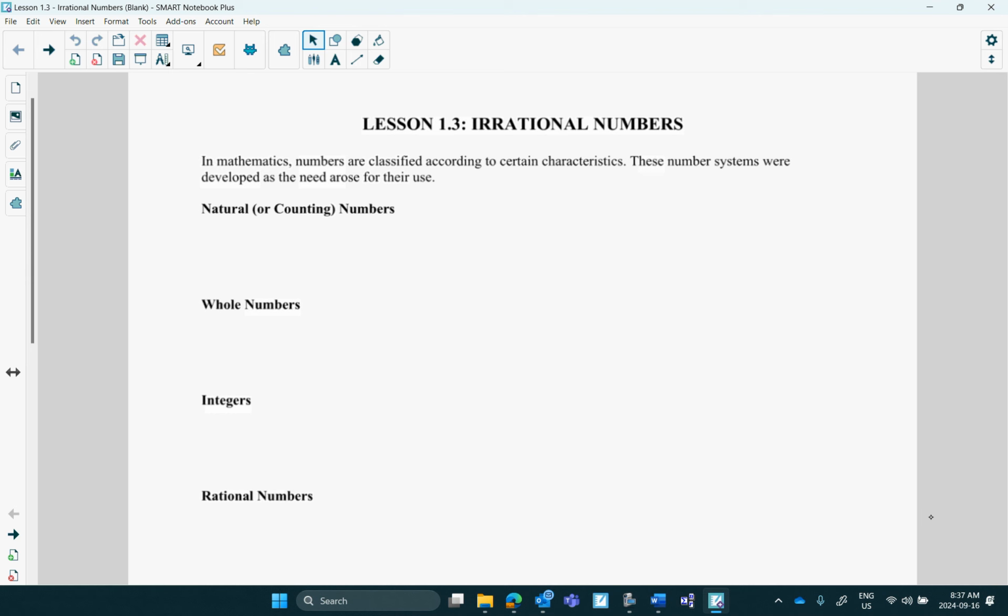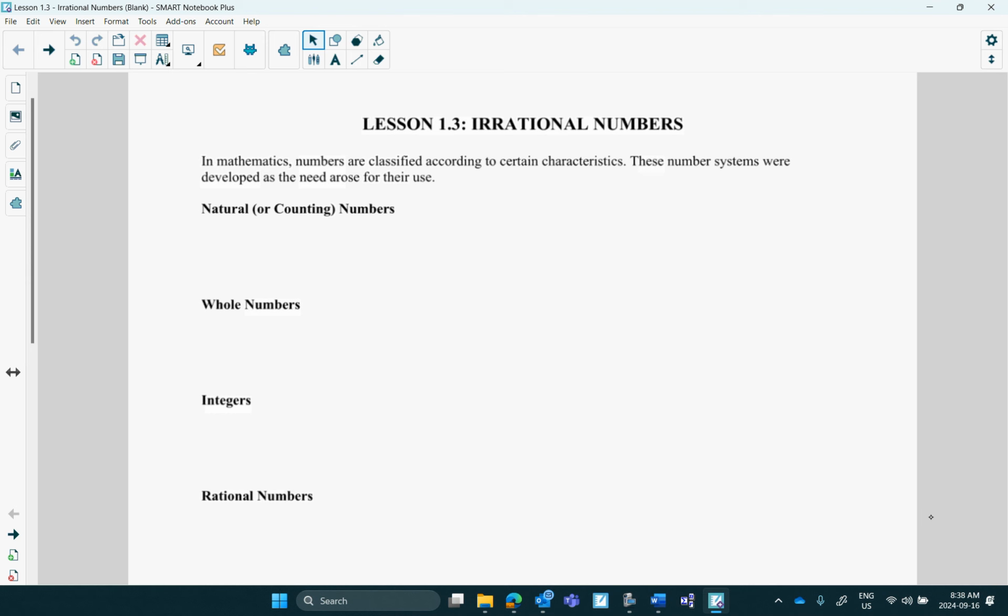Like the cube root of 27 is 3. Okay? The square root of 1 over 100 is 1/10. Okay? Those answers were whole numbers or fractions or even decimals, but decimals that ended.